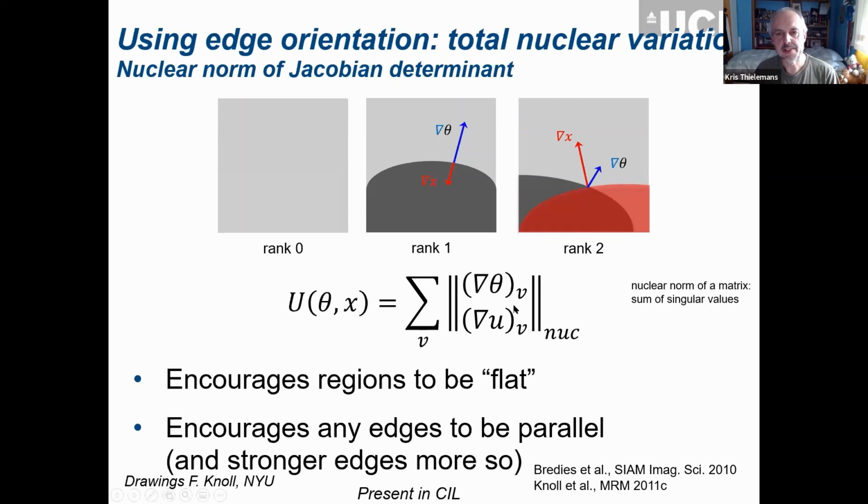This does conceptually the same thing, because if your edges are parallel, your matrix is going to have a zero singular value. Therefore, your nuclear norm is going to be smaller than when they are not parallel.